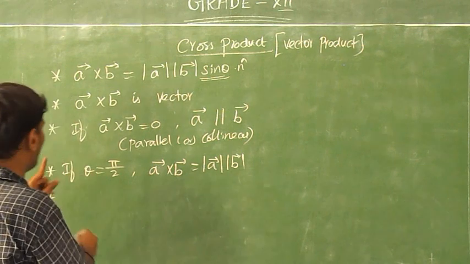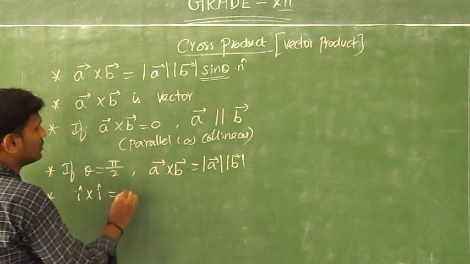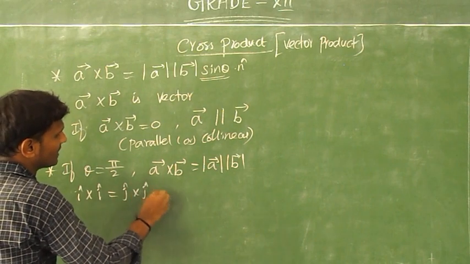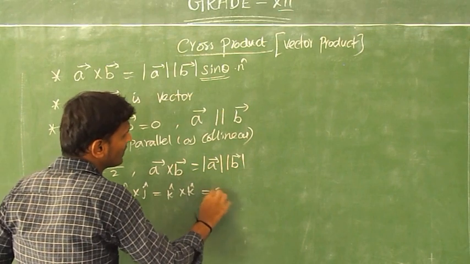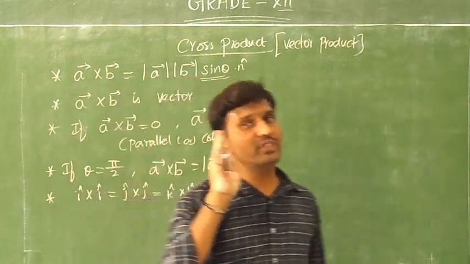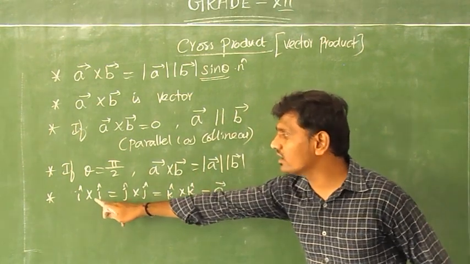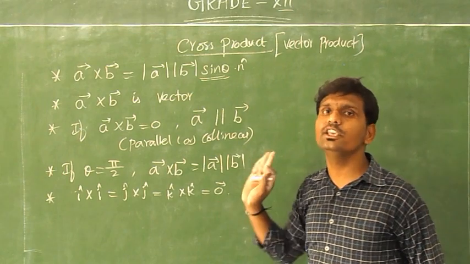But now i vector cross i vector is equal to j vector cross j vector is equal to k vector cross k vector, and all the values are equal to the zero vector.